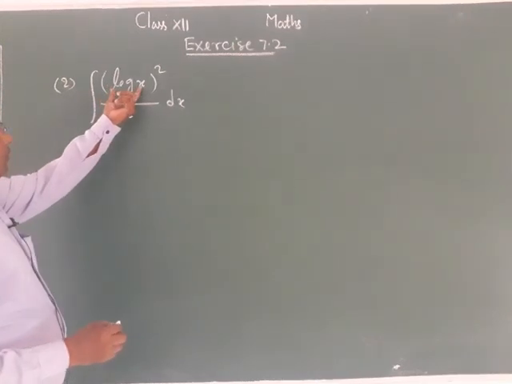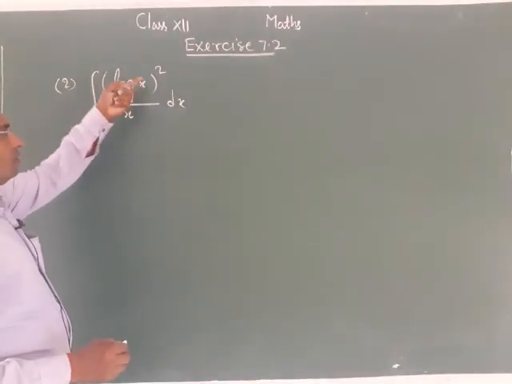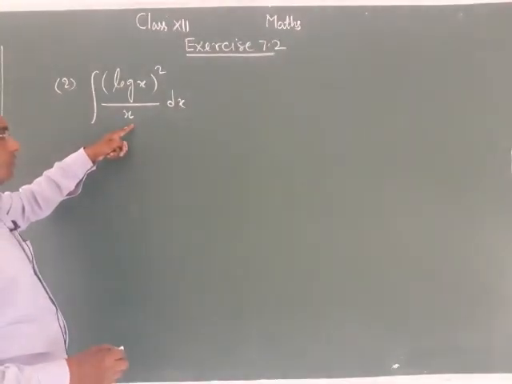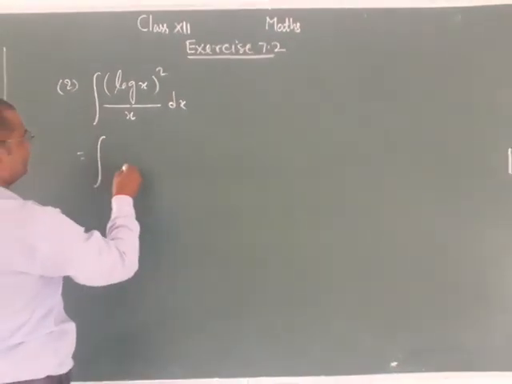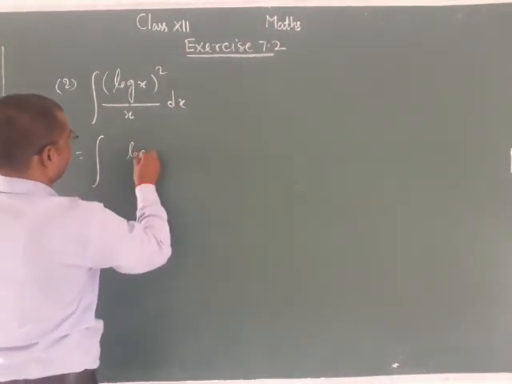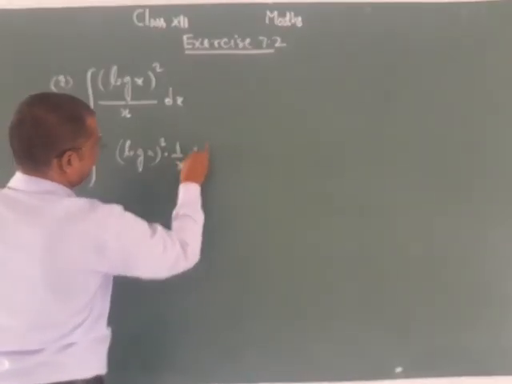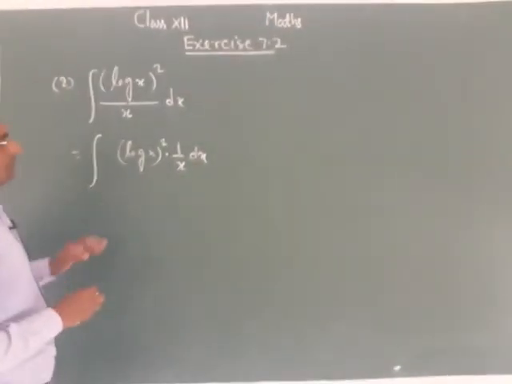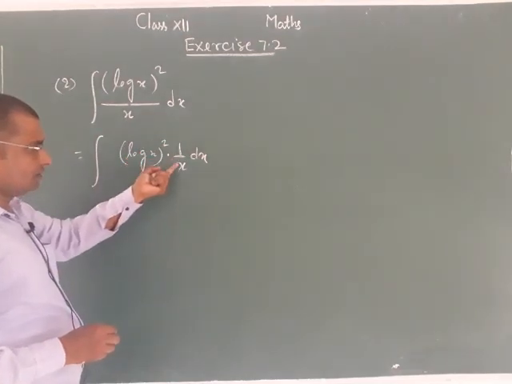Now log x. The derivative of log x is 1 upon x. So now by substitution method we can write the integration of log x square into 1 upon x dx. So the derivative of log x is equal to 1 upon x.